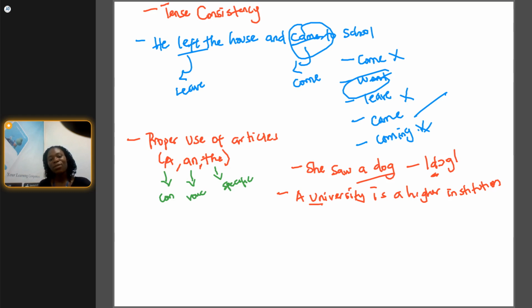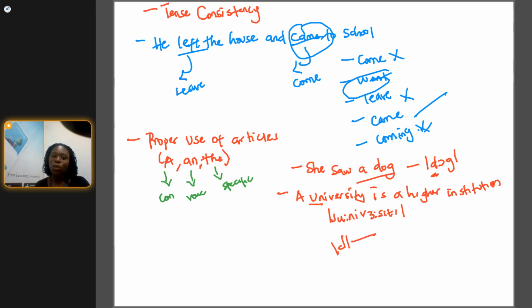All right, this is a vowel letter, but it's a consonant sound, because if you transcribe university, it starts with the sound j. So you have university.